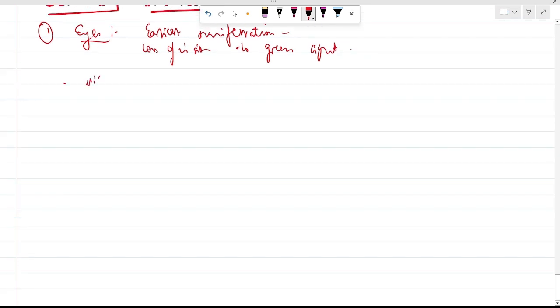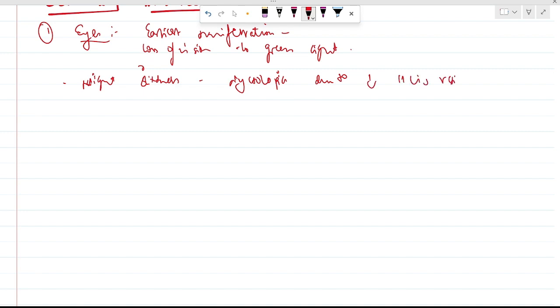Then there is night blindness, very common. Night blindness, called nyctalopia, due to decreased 11-cis retinal in rhodopsin.